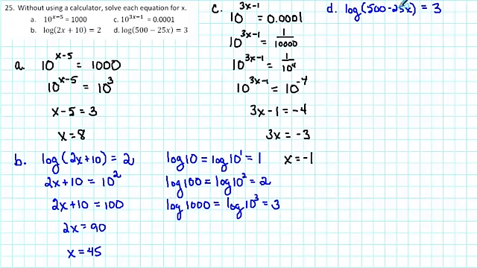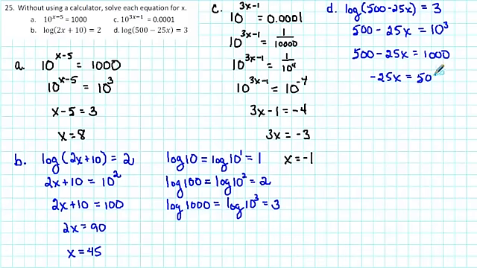So the argument must be 10 raised to the power of 3. That is, 500 minus 25x must be equal to 1,000. Take away 500 from both sides and we get negative 25x is equal to 500. Divide both sides by negative 25 and we get x is equal to negative 20.